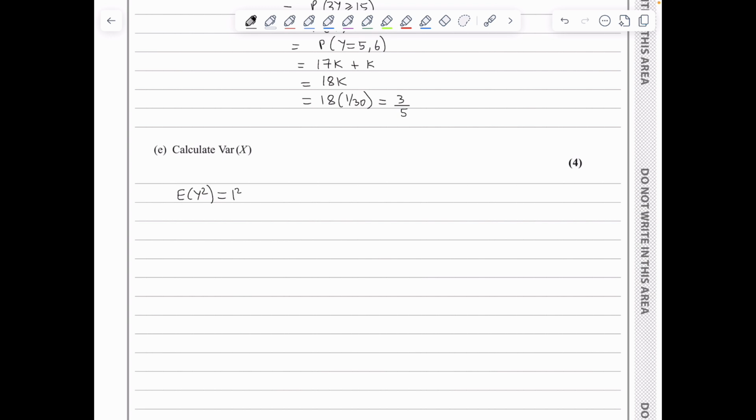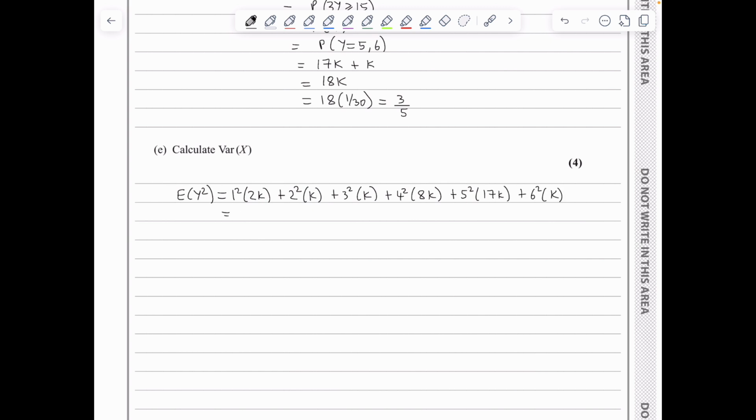So we're looking at 1 squared times 2k plus 2 squared times k plus 3 squared times k plus 4 squared times 8k plus 5 squared times 17k plus 6 squared times k.